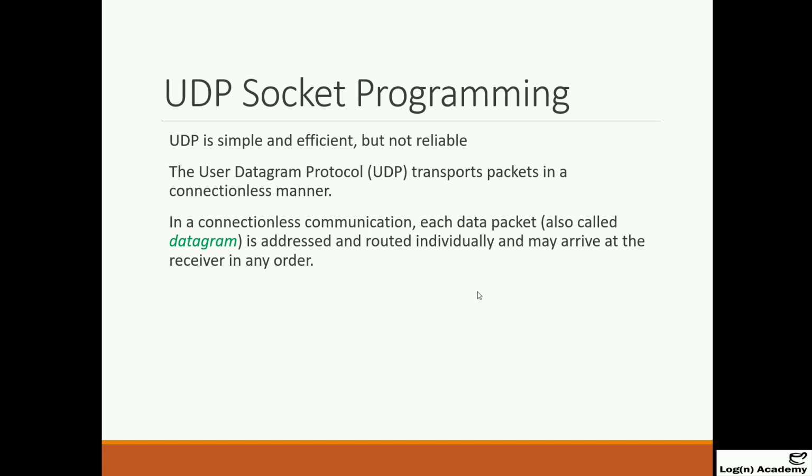So when we discuss the details of UDP, we will see that multiple packets are sent. So it's also possible that the sequence of sending of data can be rearranged when it arrives at the receiver's end.